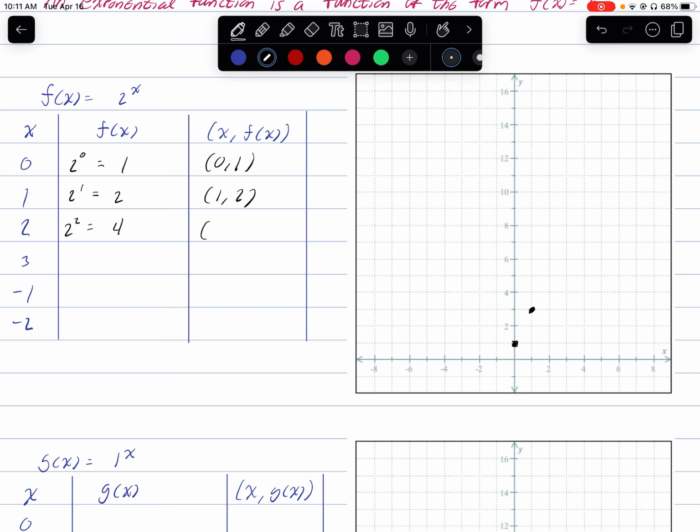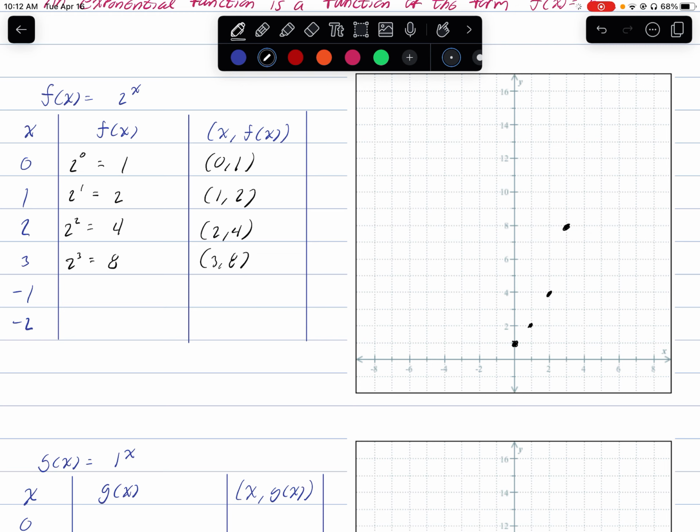That gives us the point 2, 4. I made a mistake here with this last one, it should be right here. Then if x equals 3, we'll have 2 to the third, which is 8. So we'll have the point 3, 8.